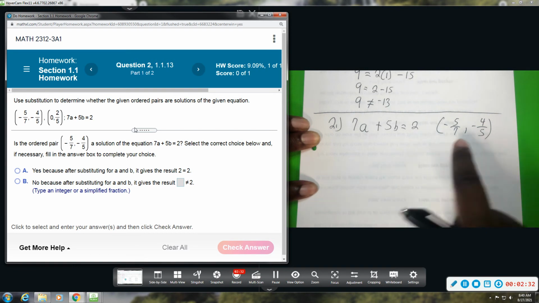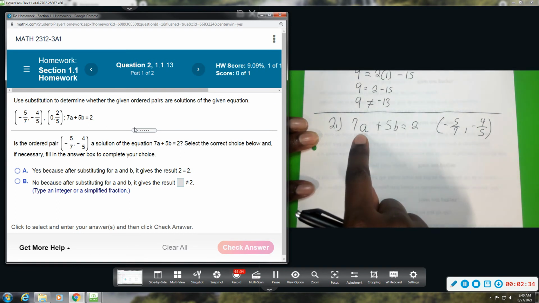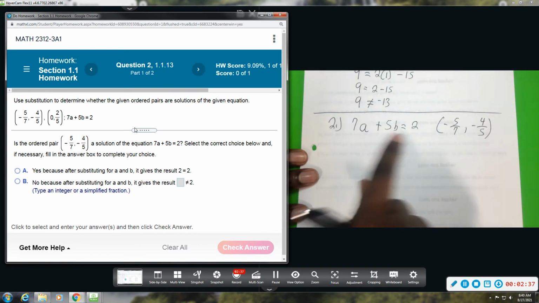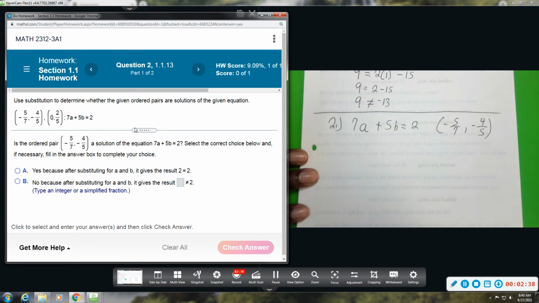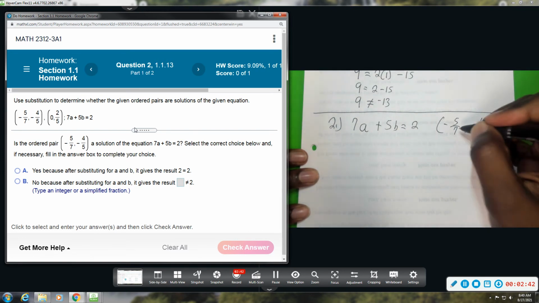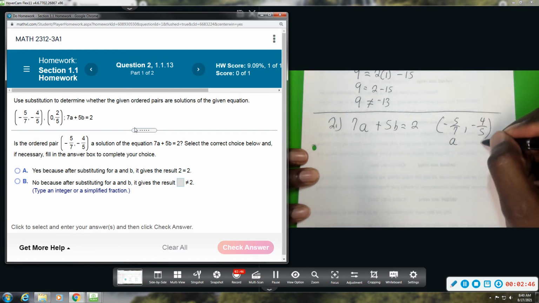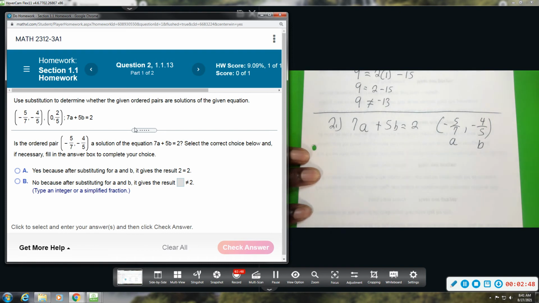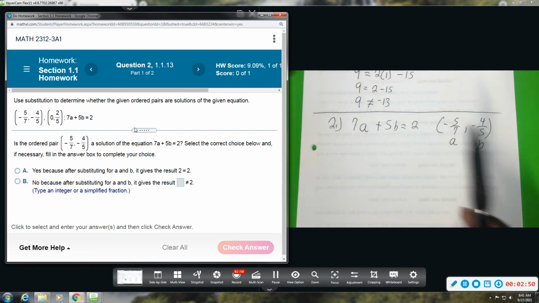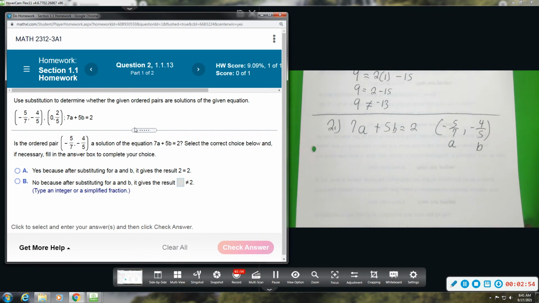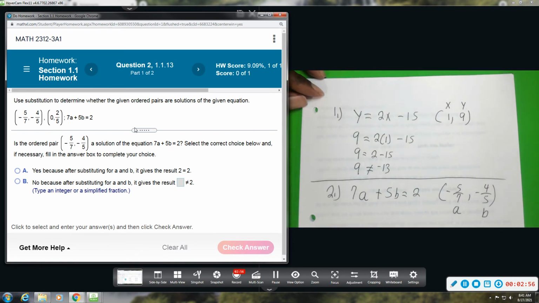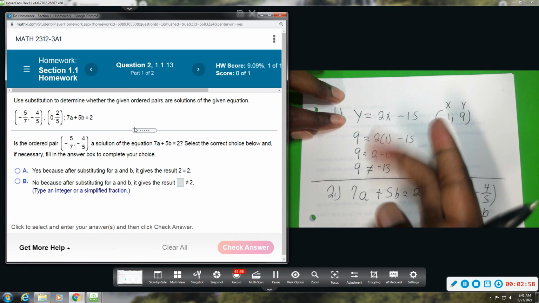Generally we have x's and y's. This problem has a's and b's. Again, I mentioned it goes in alphabetical order. That's the norm. So this would be considered the A, and this would be considered B. As you see here, y was in the front, and so these points were switched.